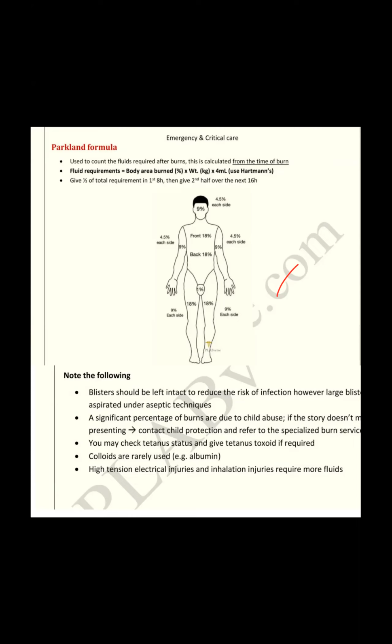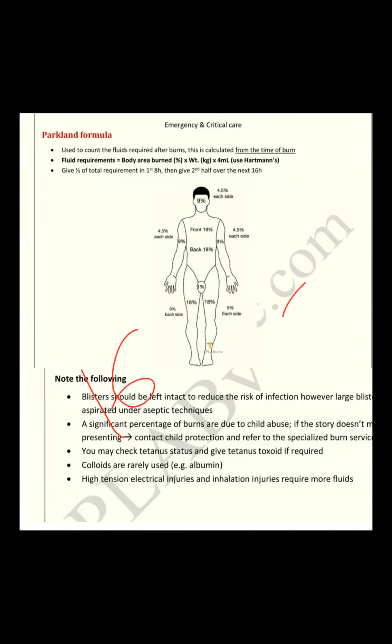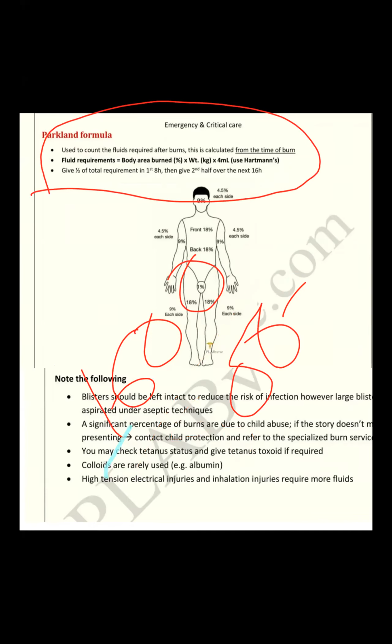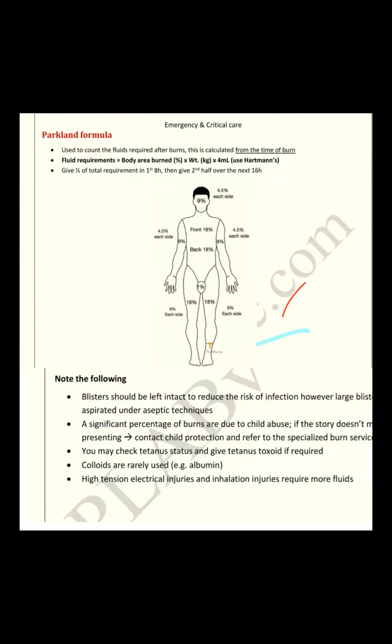If your calculation is 1600, then in the first 8 hours, they ask how you will manage: I have to give 800 ml, then the second 800 over 16 hours. This calculation is not in medicine, but lastly they give 2 to 3 examples. Just remember this way. I'll give a few examples in the mock, inshallah, so it will be easier. So this is how we calculate the Parkland formula.